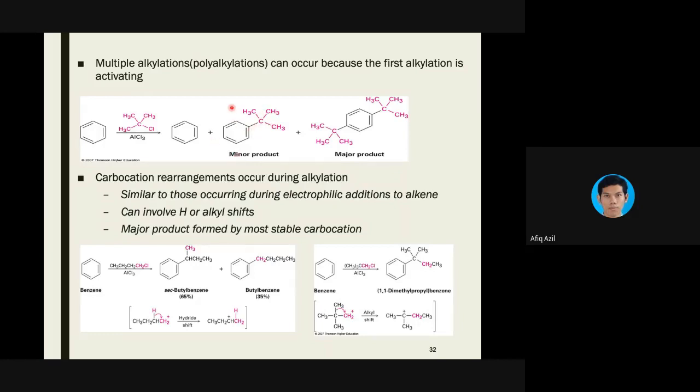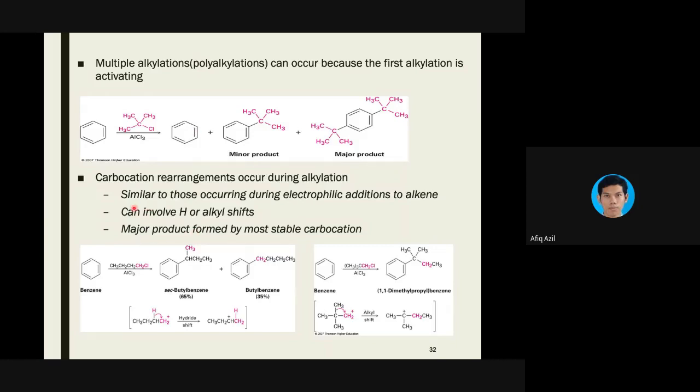It doesn't stop with this product. So this starting material will be substituted again at this position, and you're going to get two products. Actually, you just want this as your major, but now you get the byproduct as the major product. So this is minor. This is another disadvantage.